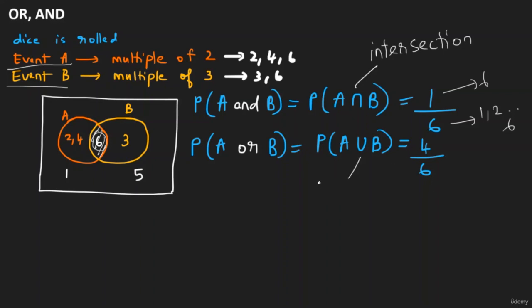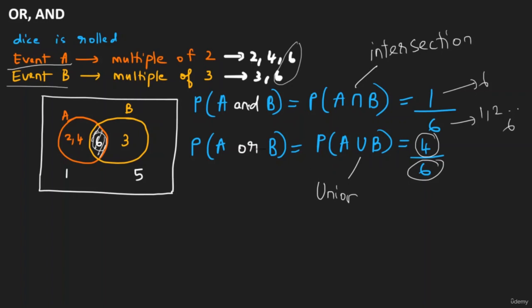Over here this symbol stands for union. What are the cases where A or B is satisfied? If you get 2, 4, 3 or 6, where 6 is common. So 1, 2, 3, 4: there are 4 possibilities where A or B is satisfied, and we have seen there are a total of 6 possibilities that can happen. So the probability of A or B happening is 4 by 6.